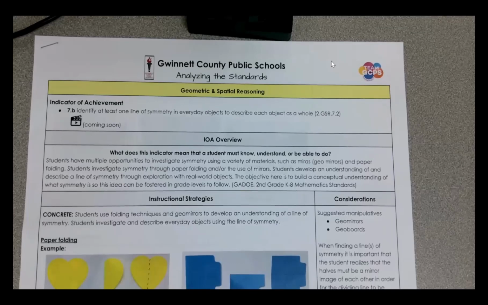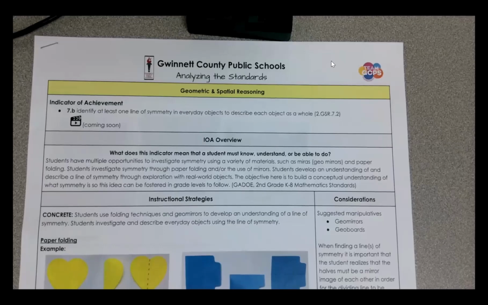In the suggested pacing, we have paced partitioning of squares and circles prior to IOA 7B, because of the experience students have had with concrete manipulatives and paper folding to determine halves of squares and circles. They should transfer that understanding to the concept of identifying lines of symmetry, because identifying symmetry requires students to mentally find the line that divides an object into two congruent parts.